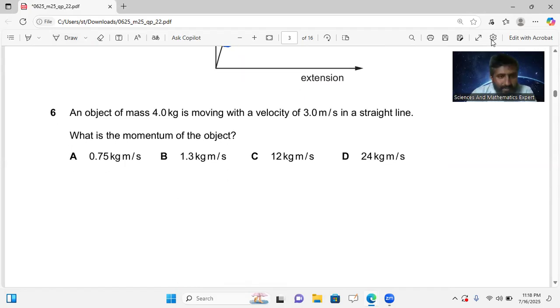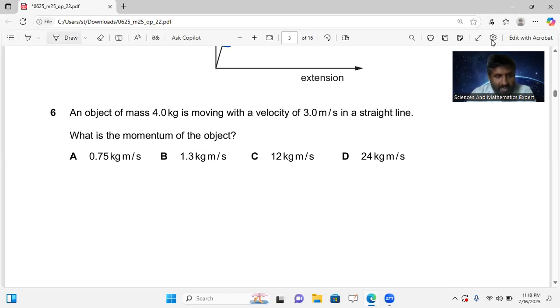After that, he is saying an object of mass 4 kg is moving with velocity 3 meter per second in a straight line. What is the momentum? So 4 kg is moving with velocity of 3 meter per second in a straight line.